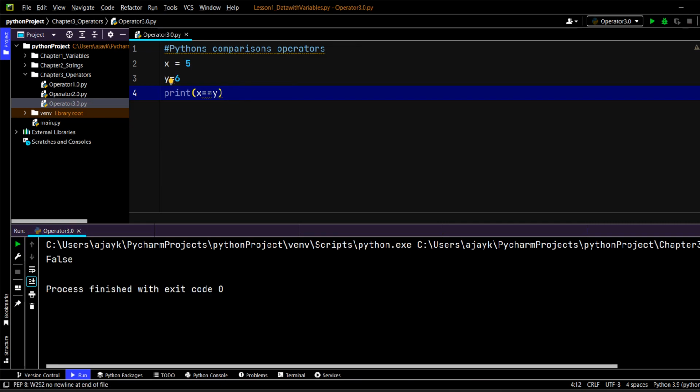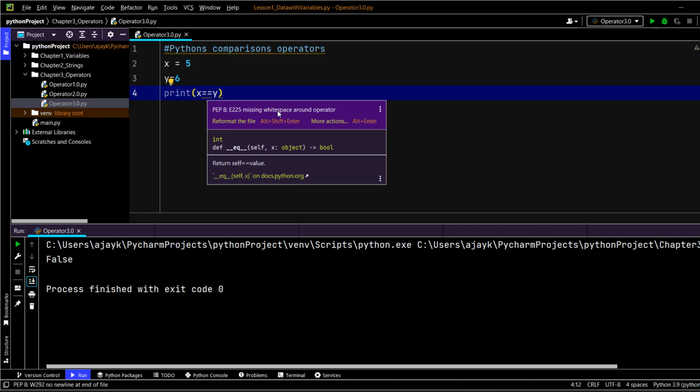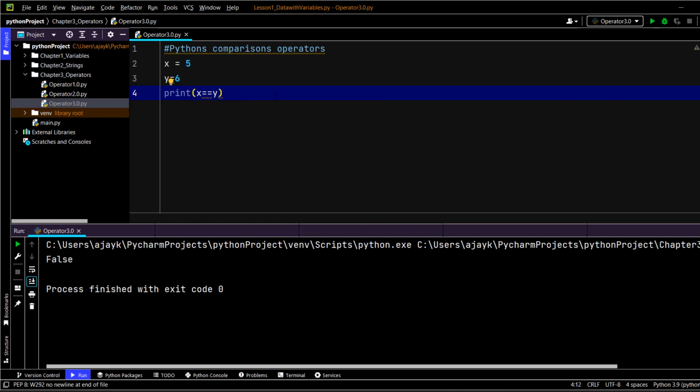Now, generally, equals to refers to a single equals to, but in Python, you have to write this as double equals to. Very important. This is your operator called equal. Don't get confused between the single equals to and the double equals to. When you're comparing something, when you're asking a question and you know the answer is going to be returned as either true or false, then you use double equals to. Otherwise, when you're assigning a value, it always remains a single equals to.